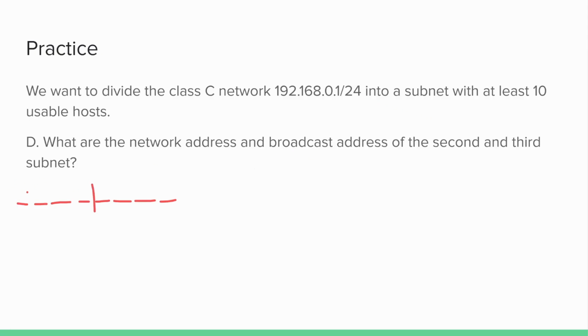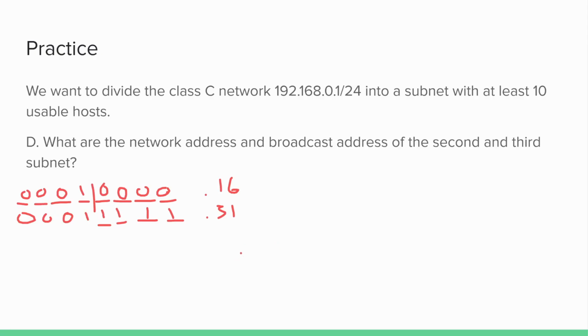And we know that if the network bits for the first subnet are going to be 0000, the second subnet is going to be 0001. And then we know that the network address and the broadcast address are going to be all zeros and all ones. And we can convert this to decimal, which will give us .16, and then this one is going to be .31. That is one way to do it.